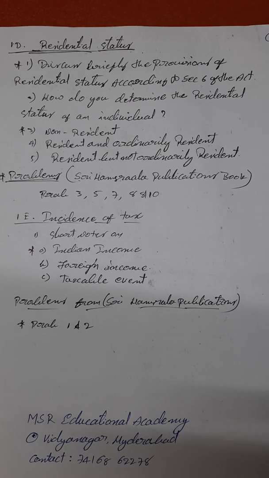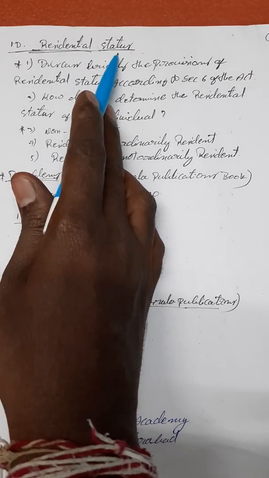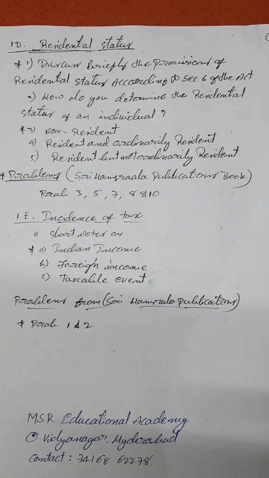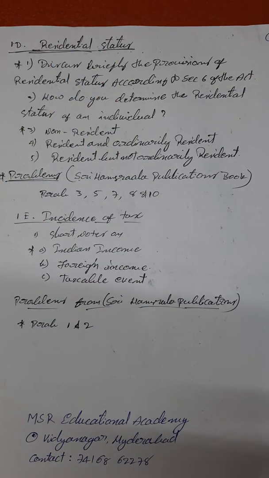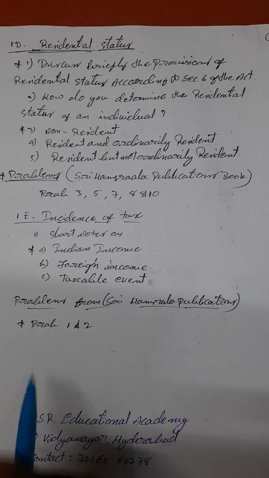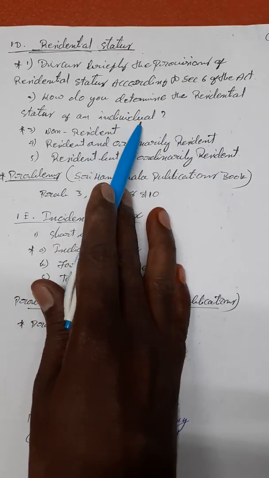And in this introduction chapter there is a residential status chapter also. Discuss briefly the provisions of residential status according to Section 6 of the Act. This is a very important question: how do you determine the residential status of an individual.